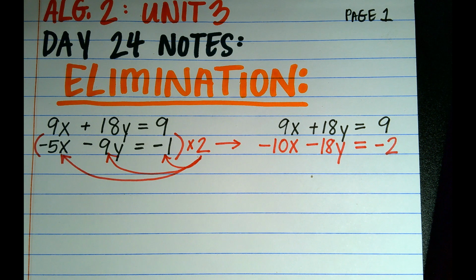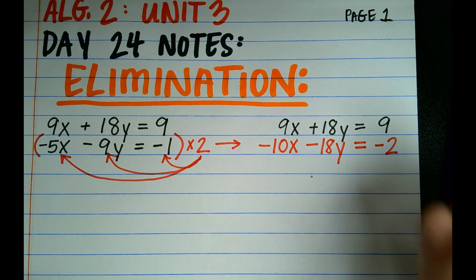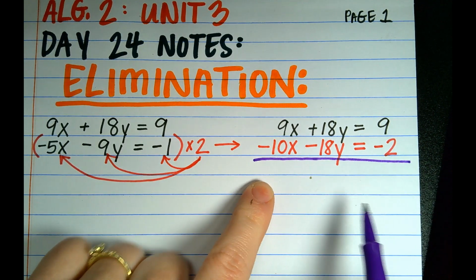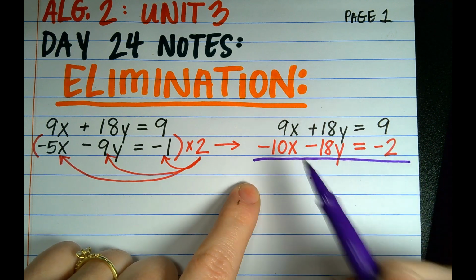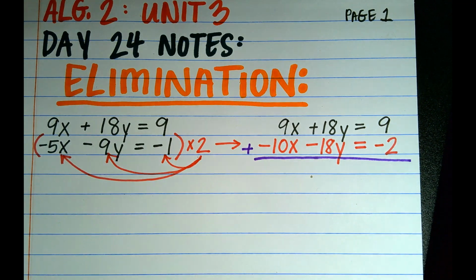So what we're going to do next is, since these are nicely stacked on top of each other, I'm going to draw a big line underneath, and I'm going to treat this like a big addition problem. I'm going to add these two equations together.